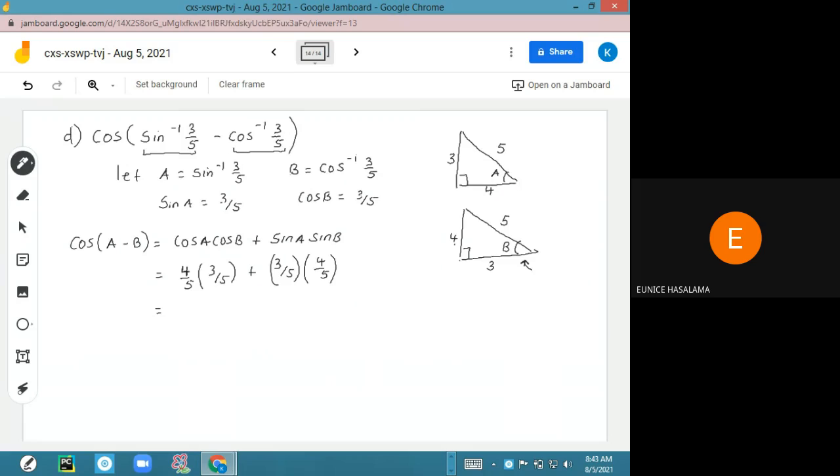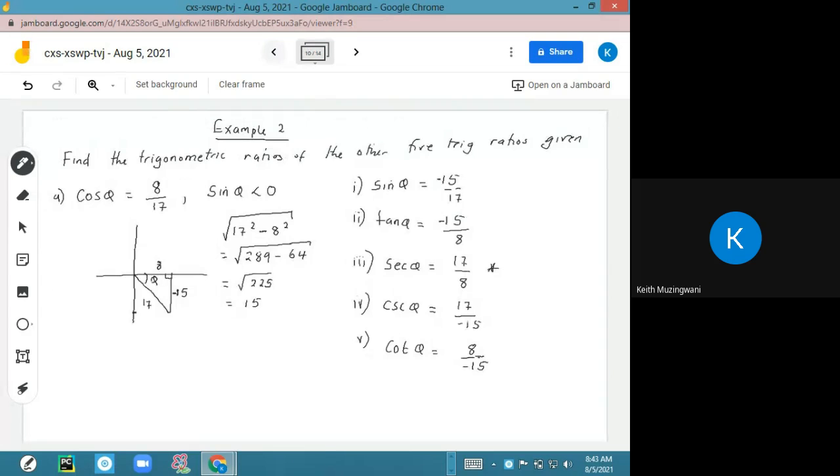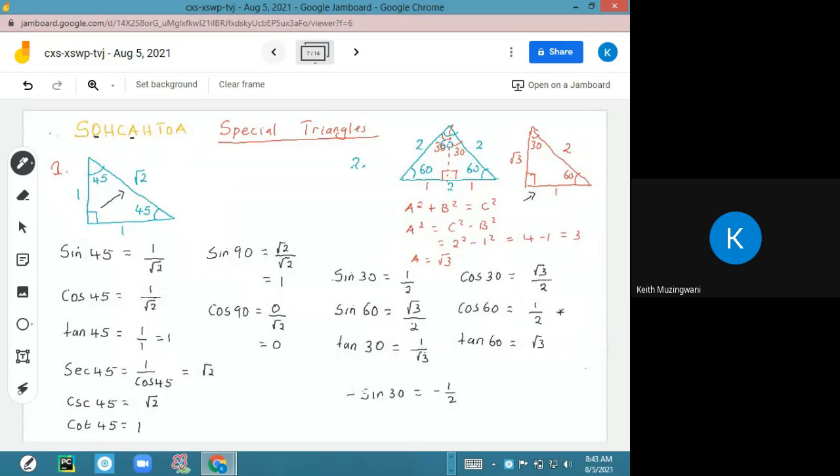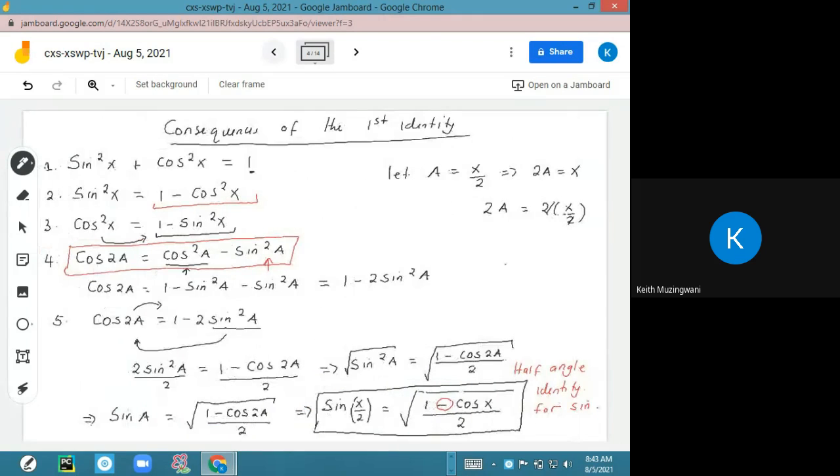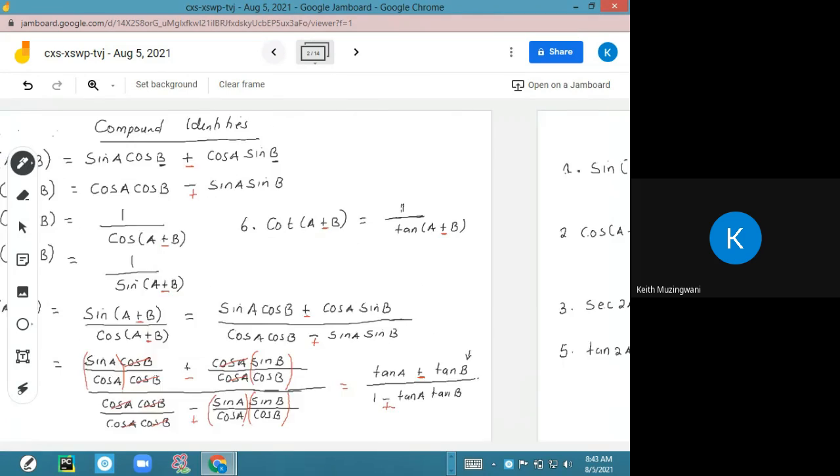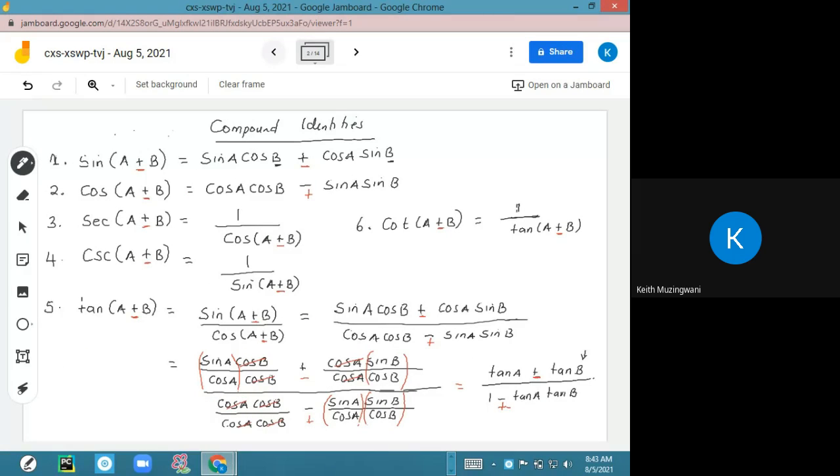Okay. So start with where it is coming from. I've said let A be this thing here, and in place of that thing we'll put A. Let B be this thing here, and in place of that thing we'll put B. The expansion uses compound identities. Where are they? They are here.